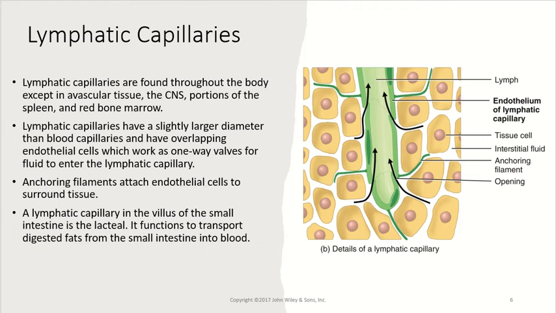Anchoring filaments also attach endothelial cells to the surrounding tissue. Here you can see our anchoring filaments that attach our lymphatic capillaries to that surrounding tissue.